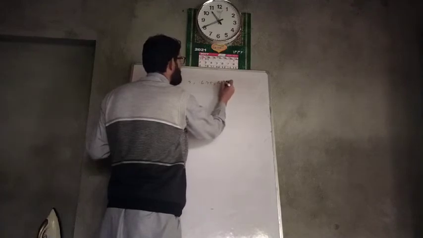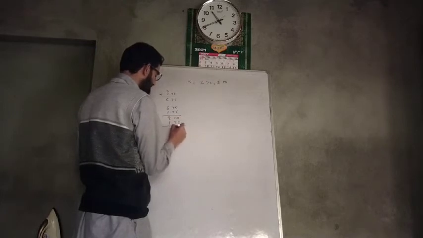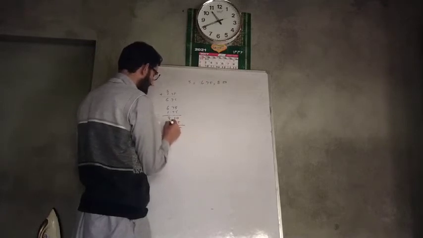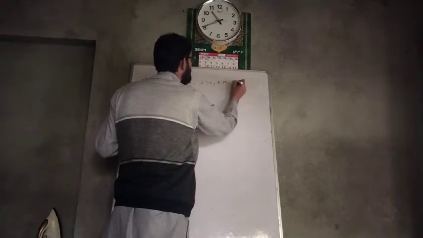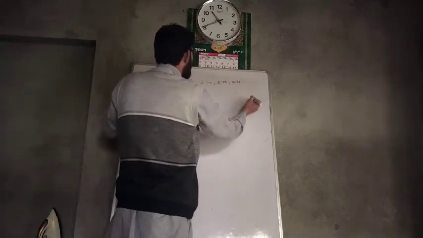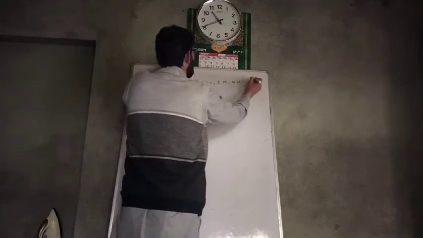So 8.50 after 3 weeks. Again you will add this 1.75, so this will be 10.25, and so on. We have to find when she is going to reach this 20.75, in how many weeks.